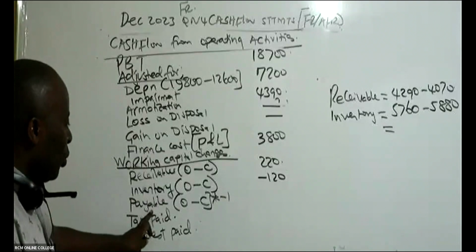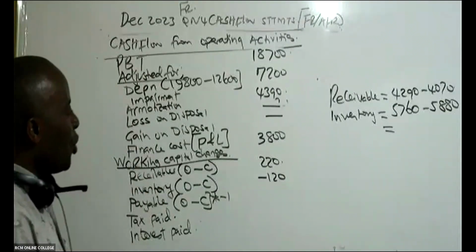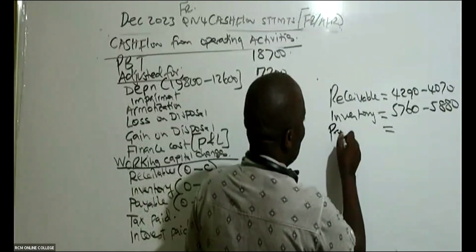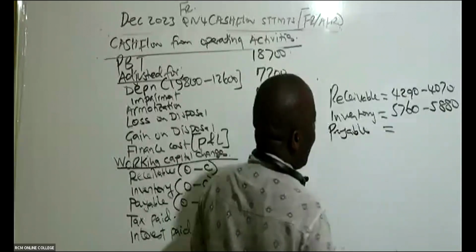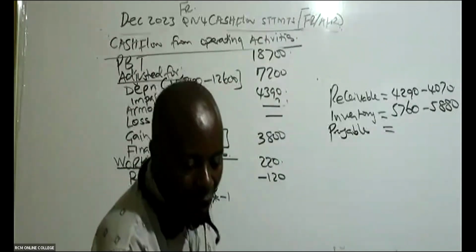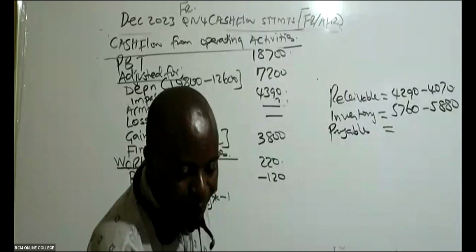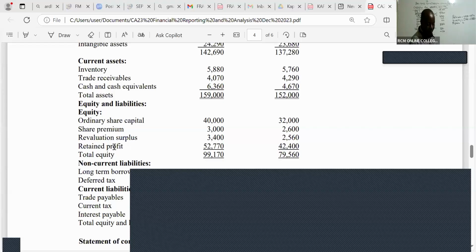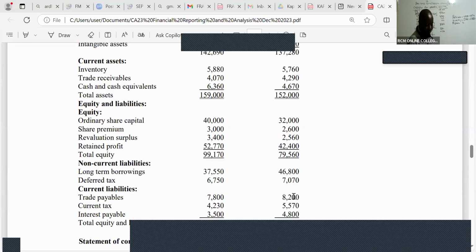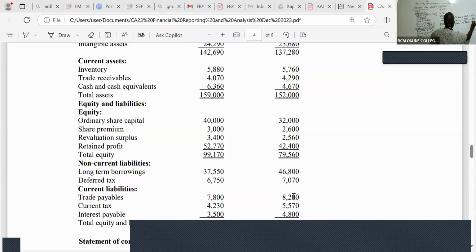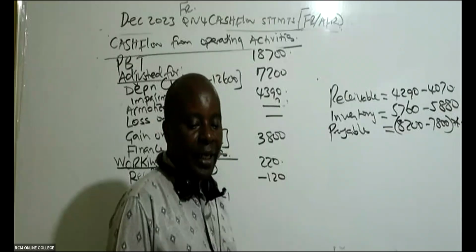Then you go to payables. Remember, working capital changes, there are three. Payables, you do the same: opening minus closing. I can see my payables here under liabilities: 8200 minus 7800. But remember, payables is a liability that must always be interpreted in the opposite way.